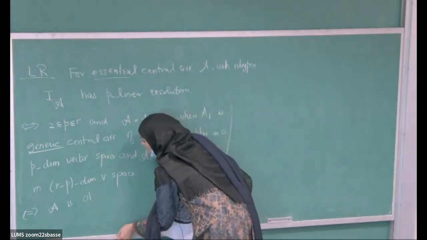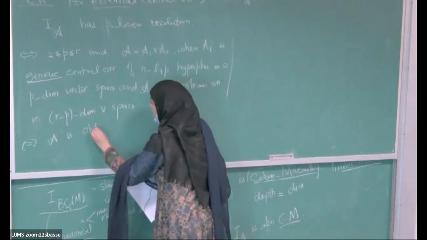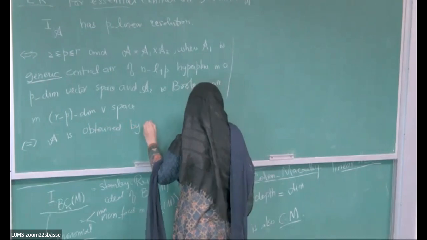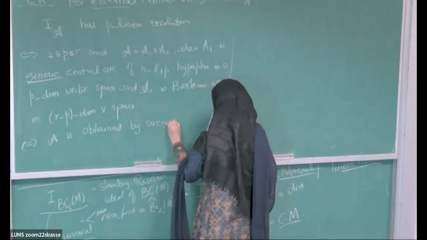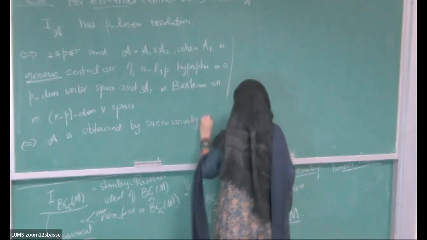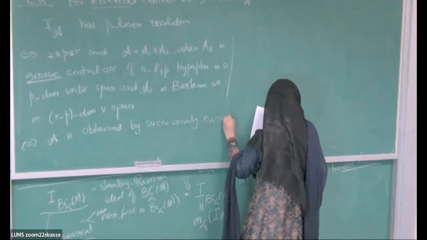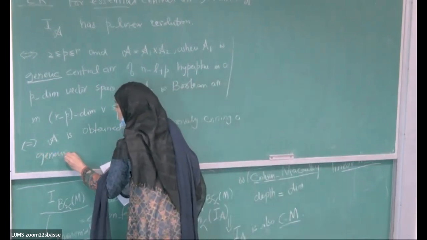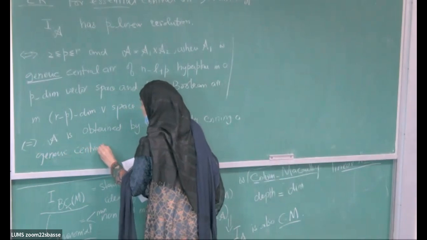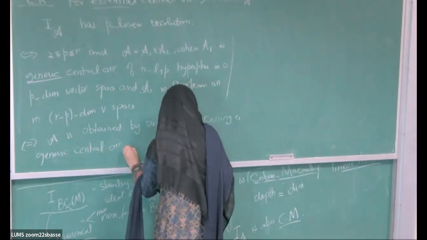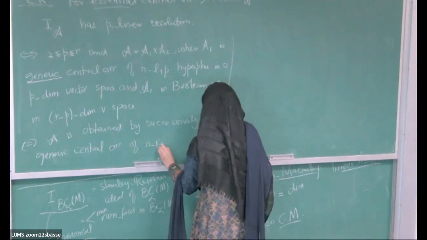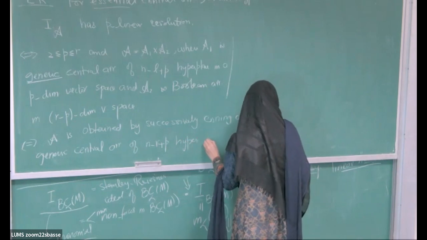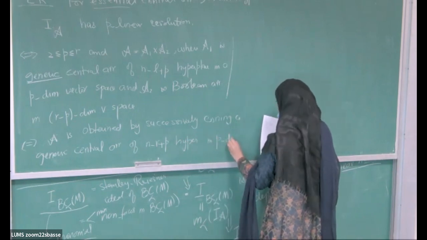This A is obtained by simply coning a generic central arrangement of n minus L plus P hyperplanes in a P-dimensional vector space.